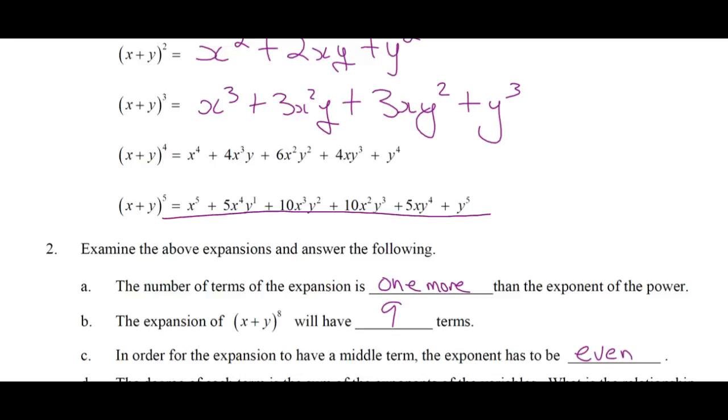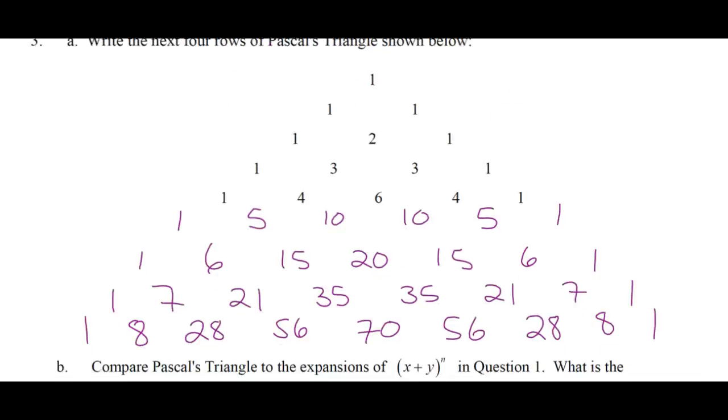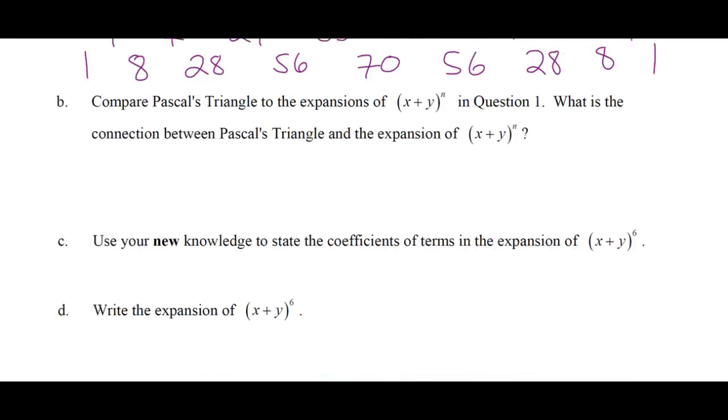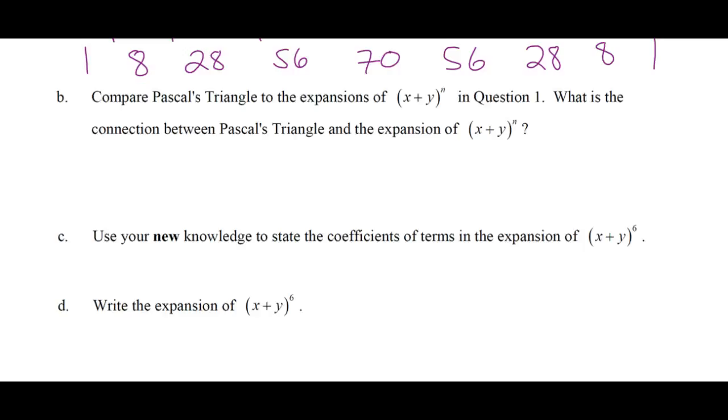What do we call those numbers? Not the exponent. What do you call this number here? The coefficients. So 1, 5, 10, 10, 5, 1. So what's the connection between Pascal's triangle and the expansion? The coefficients of the expansion are the values.